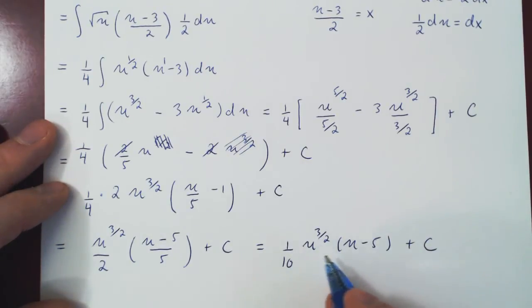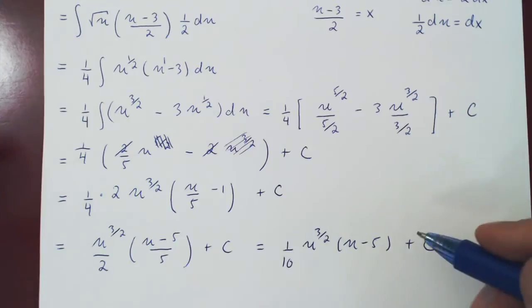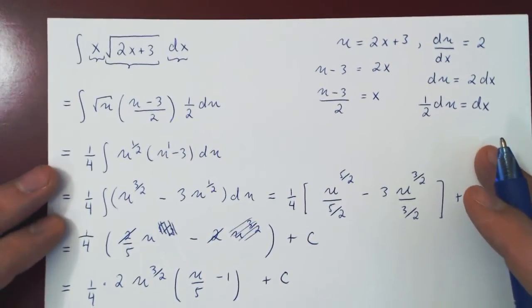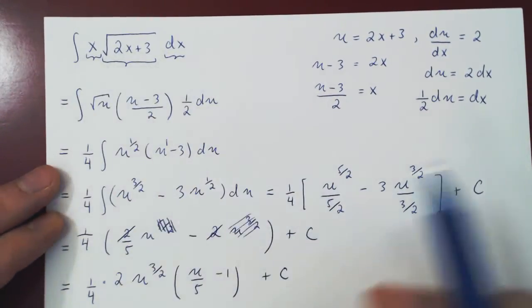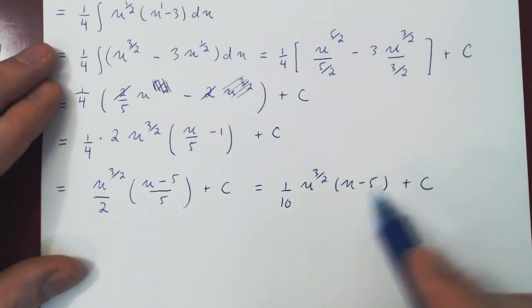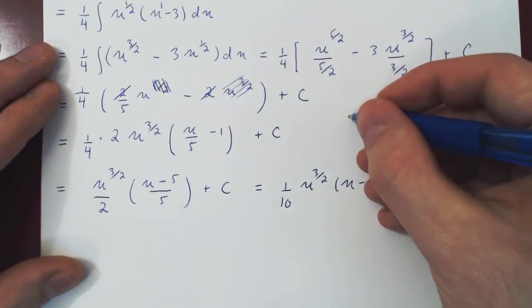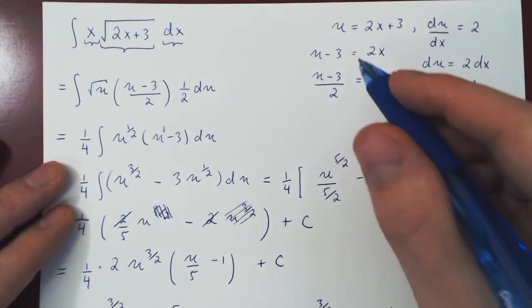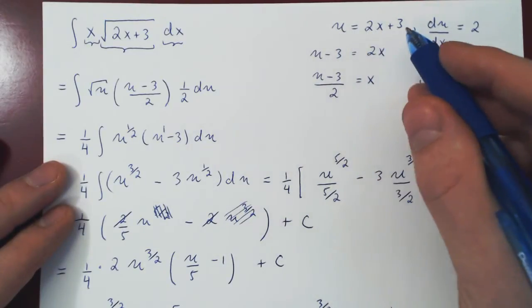This is really simplified as best we can, and now, since we had the integral as a function of x originally, we have to give our final answer as a function of x. Let me remind us right here that u was 2x plus 3.